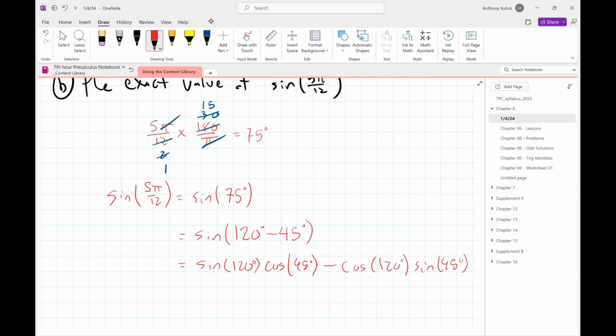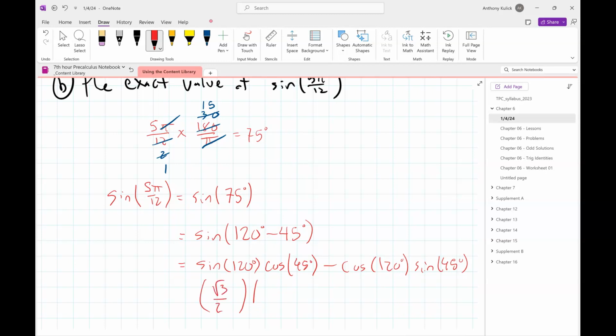Now, what do we have to do? Go to our unit circle to evaluate sine of 120, cosine of 45, cosine of 120, sine of 45. Who can look at their unit circle and tell me what sine of 120 is? Square root 3 over 2.